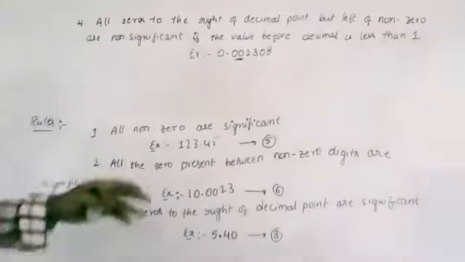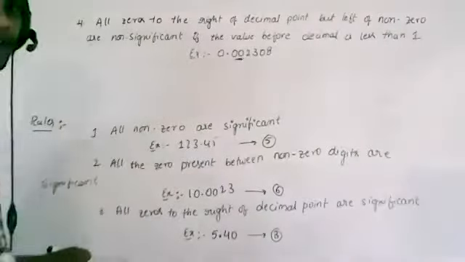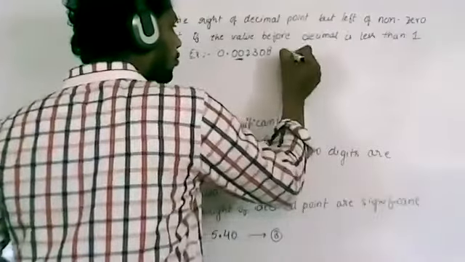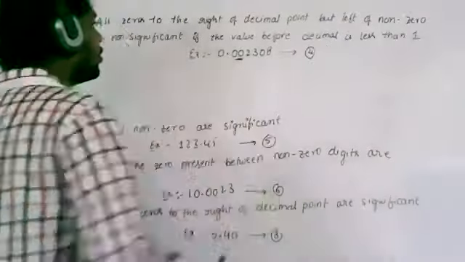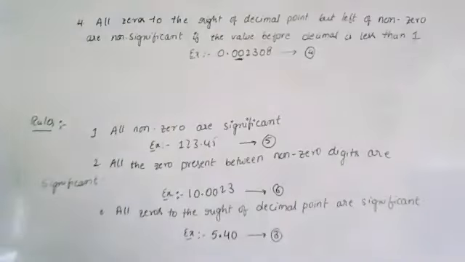So these zeros are not significant. Therefore, the number of significant figures is 4.